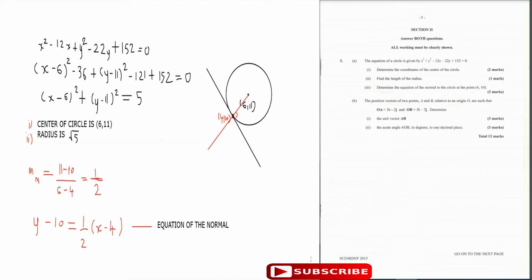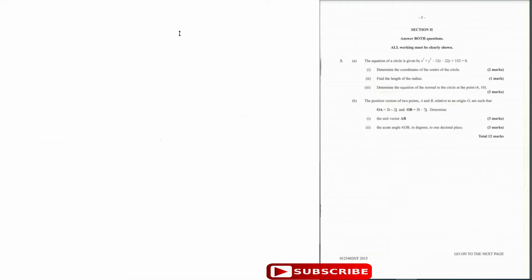So, now part B of the question. Part B gives us vector OA. It tells us that vector OA is equal to (3, negative 2). That's vector OA, (3, negative 2). And they give us vector OB. And they tell us vector OB is (5, negative 7).